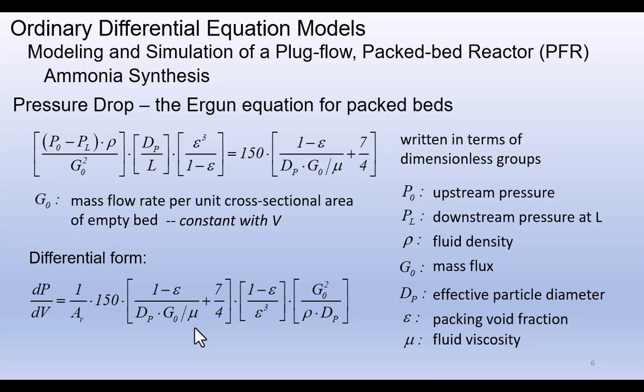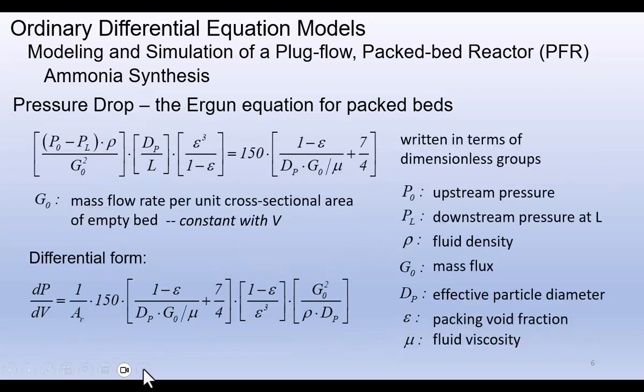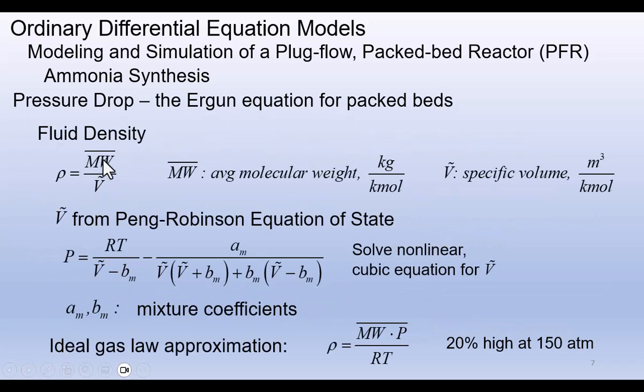So that's a bit on pressure drop, and let's expand that a little bit here and indicate that our fluid density can be expressed in terms of average molecular weight over specific volume, all right? And we can obtain the specific volume from an equation of state. And here we're using the Peng-Robinson equation of state, and that it is denoted here.